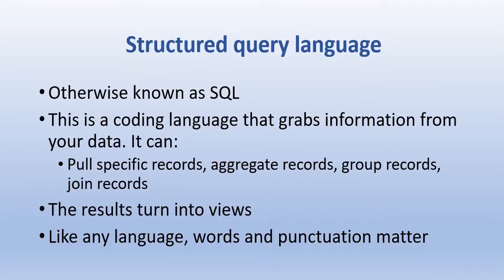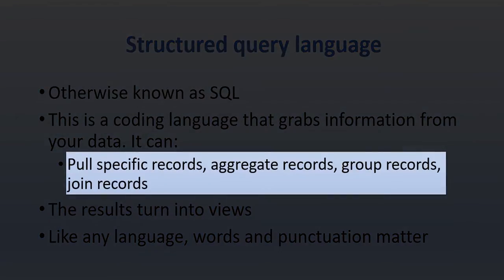Now, what is structured query language? Otherwise, it's known as SQL or sequel. And what this is, it's a coding language that grabs information from your data and allows you to manipulate that information or the data itself. And SQL can pull specific records.